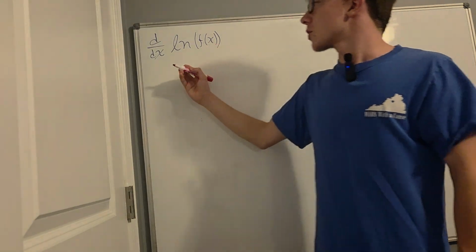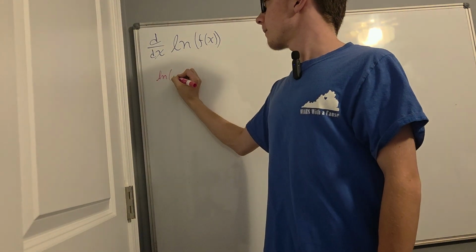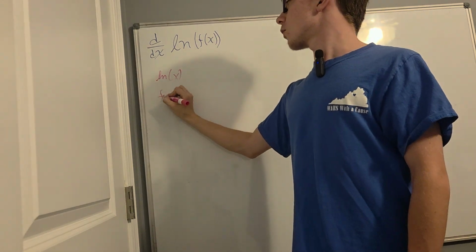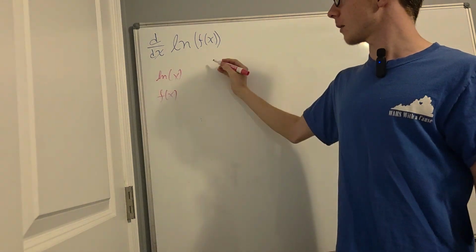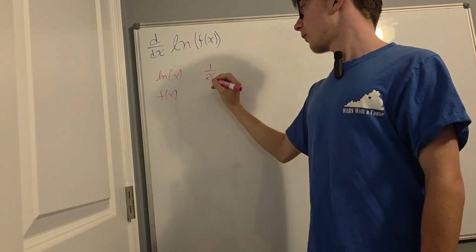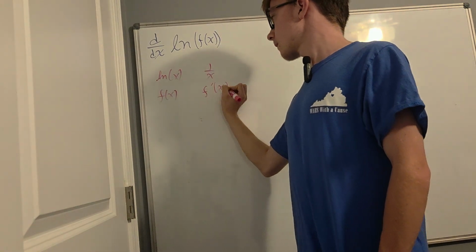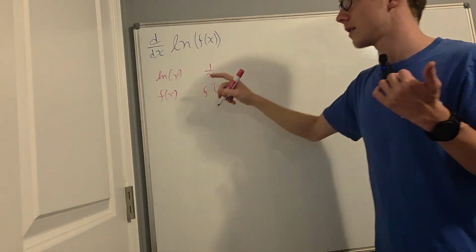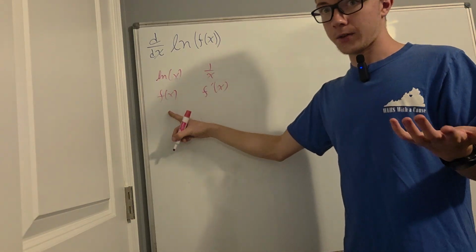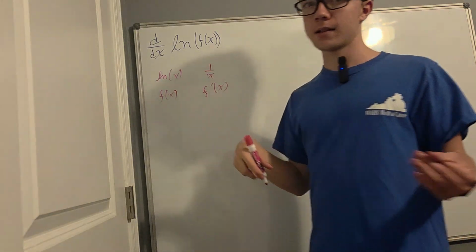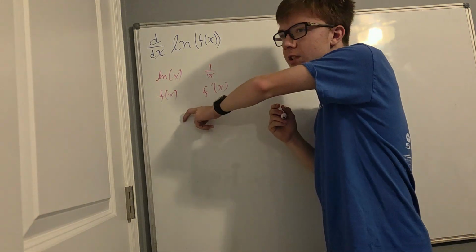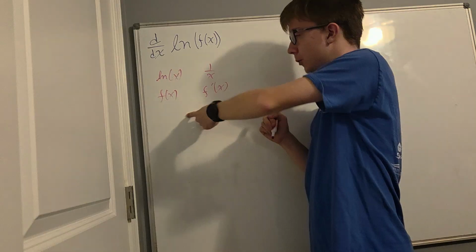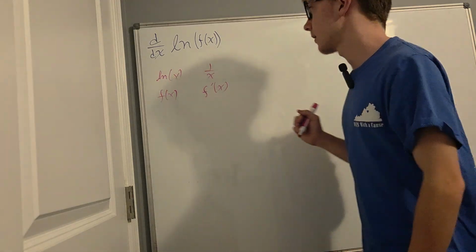Now, if I'm just looking at the chain rule, I'll set up the chain rule right here. I got my little table, which is always helpful. So we have ln of x, and the derivative of that is 1 over x. F of x is our inside function, and the derivative of that is just f prime of x, because f of x just has to be differentiable and f prime of x just has to exist.